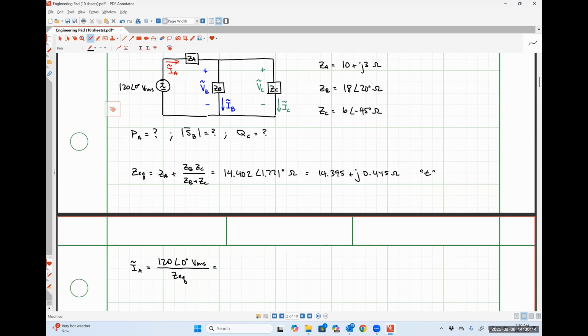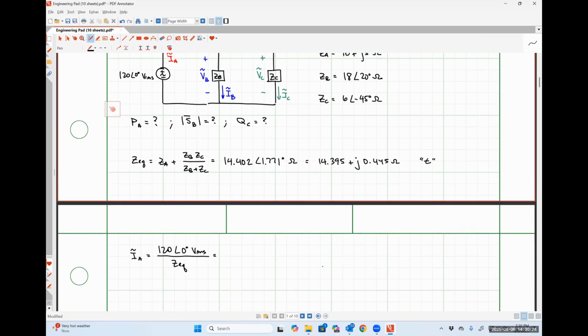So 120 over what I have stored in my calculator as T, I get 8.332 with an angle of minus 1.771 degrees amps RMS.